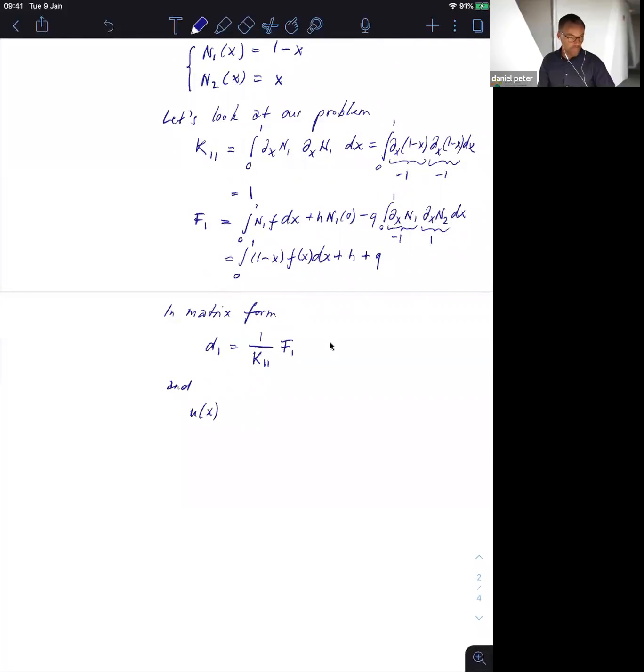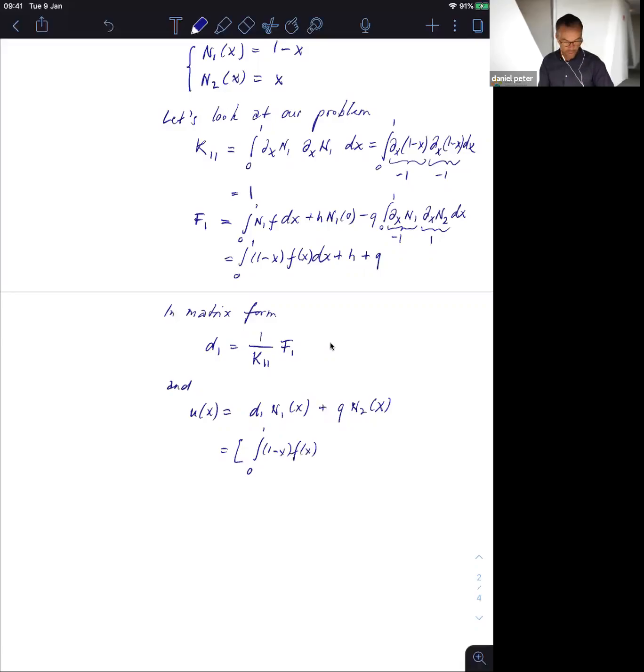So now we can write u of x is d1 n1 of x plus q times n2 of x, which becomes now this d1 factor, that's f1 over K11. K11 is just 1, so it's basically just f1. So let's write that out again.